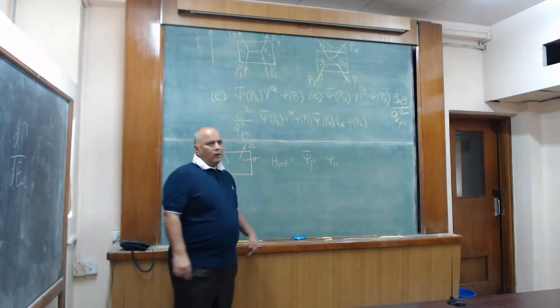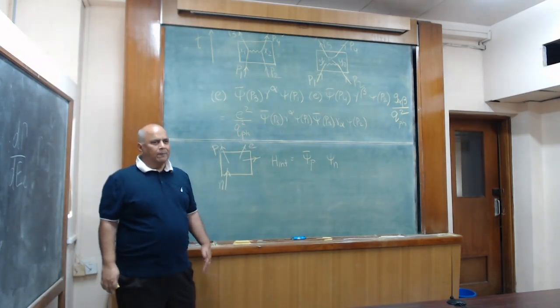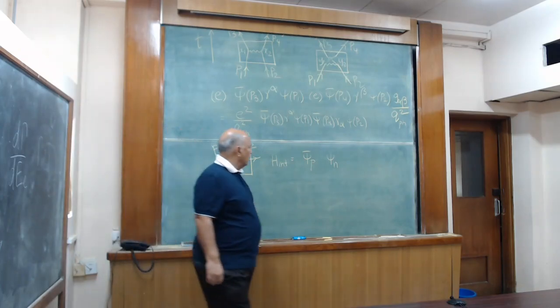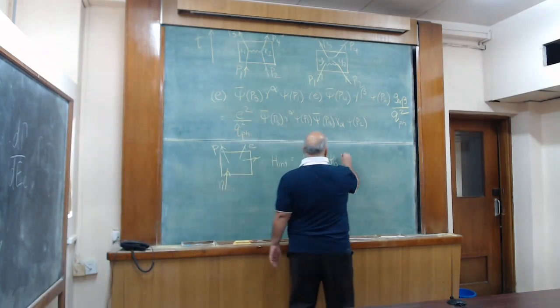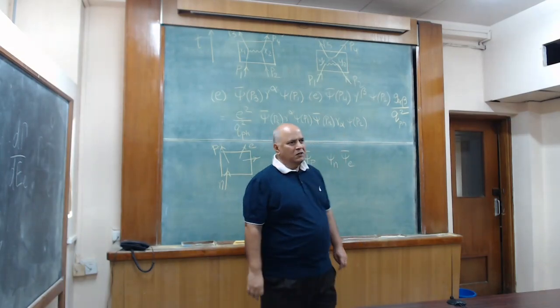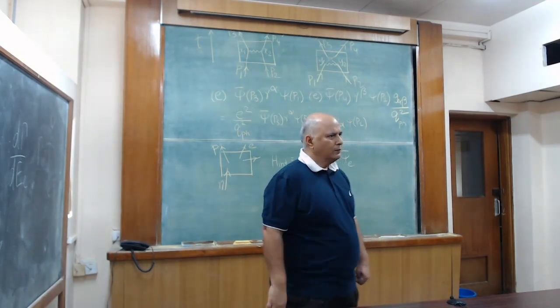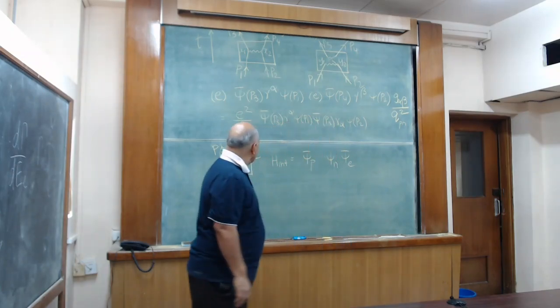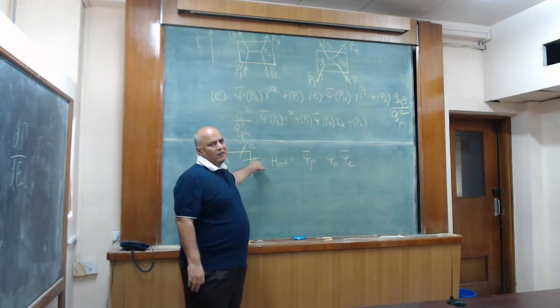And there is an electron appearing, so there should be a ψ̄_e field which creates an electron. Now I am left with this.